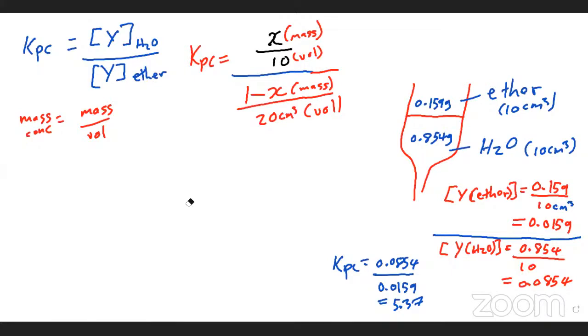Quickly. The mass of the acid in the water. And right. So if you have 1 gram, and you're using X to represent the amount in water, so let's say X was 0.5 gram. That means to get the amount in the other layer, you would have to subtract 0.5 grams, right?